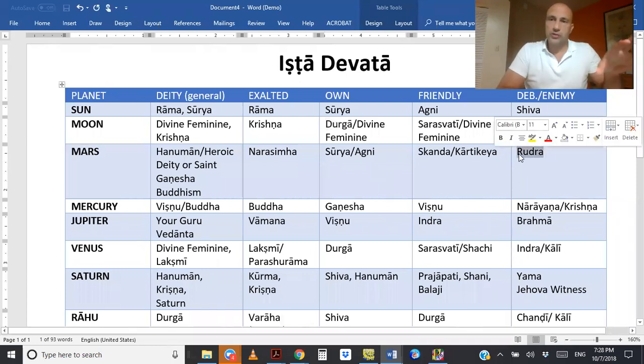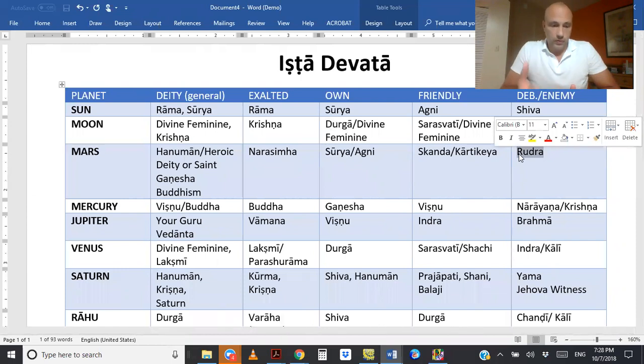So this person having this chart could benefit, as a suggestion, from the Rudram, the Shri Rudram, or the Mahamrityunjaya mantra, or any kind of fierce sadhana. And for more on that, you can see my video about Ardra Nakshatra and some of the remedies associated with it.